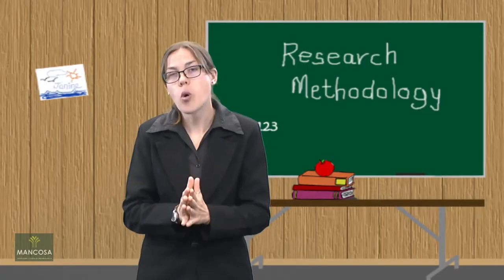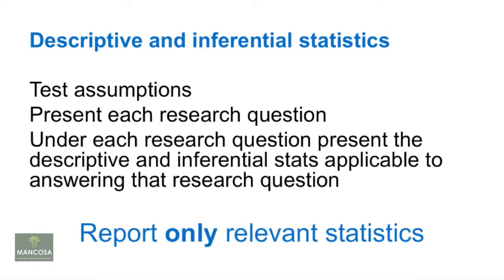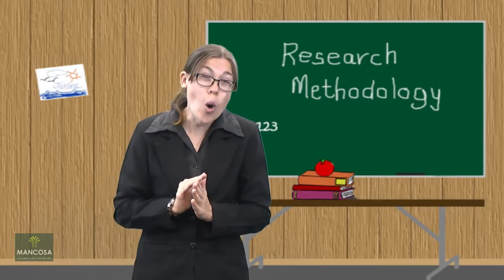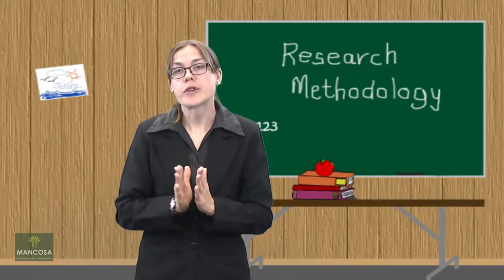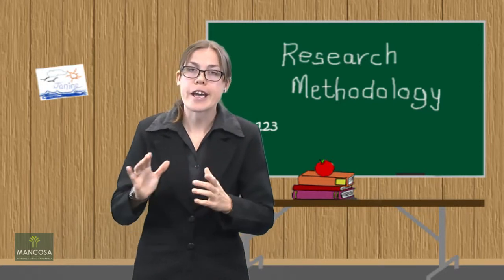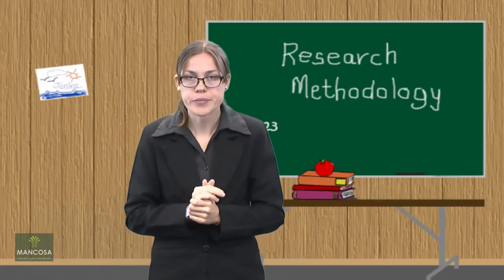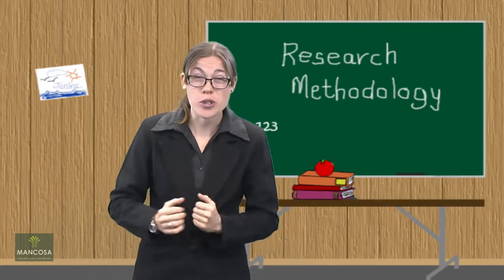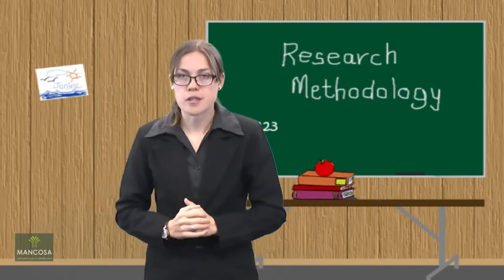You need to report only relevant statistics. You do not need to include all interpretation as written up for you, for example, the conclusion of the hypothesis test and the quoted statistics. Thereafter, you need to provide a brief conclusion at the end of each research question based on the statistics quoted.